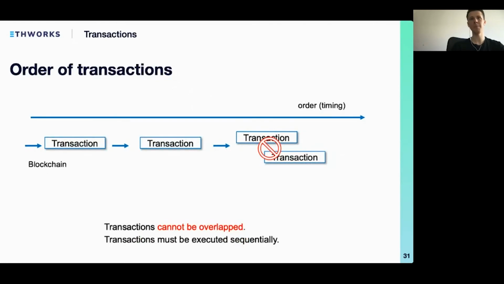Transactions are never executed in parallel, which can be actually mind-blowing. So you have a global system called Ethereum, a global computer run by thousands of nodes in the peer-to-peer network, and you only have one thread. You only execute one transaction at a time, one after the other.